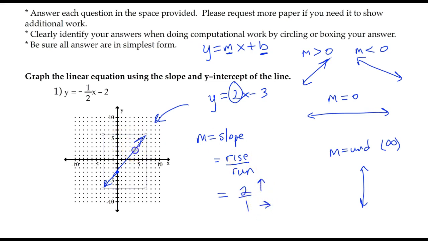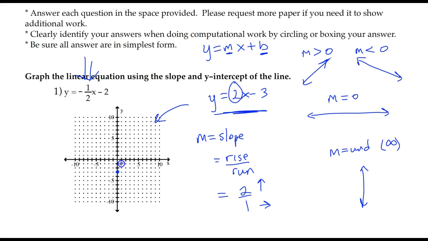Looking back here, if I wanted to graph this line, not the one that we're going to work on here, then this would be at the point 0, negative 3. From this point I go up 2 units, 1, 2, and then to the right 1.